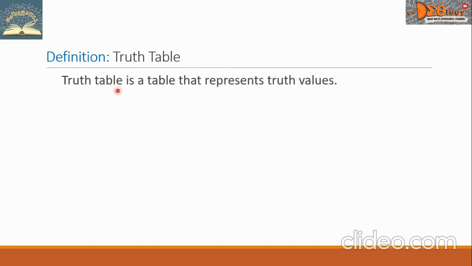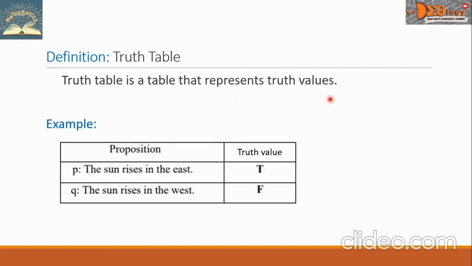Now let's go to the truth table. Truth table is a table that represents truth values. This is an example. We have here 2 columns. The first column is for the propositions. So we assign P for the proposition the sun rises in the east.